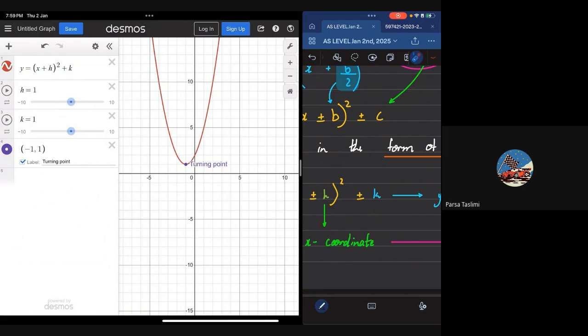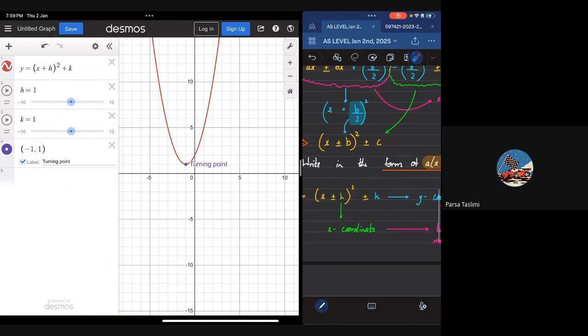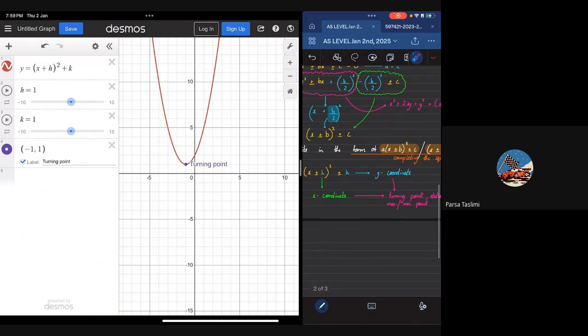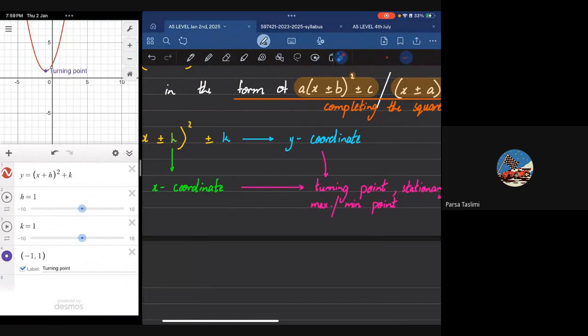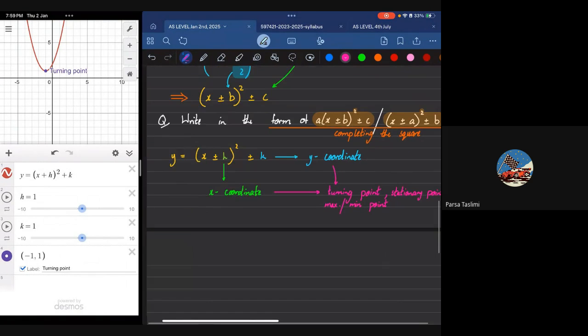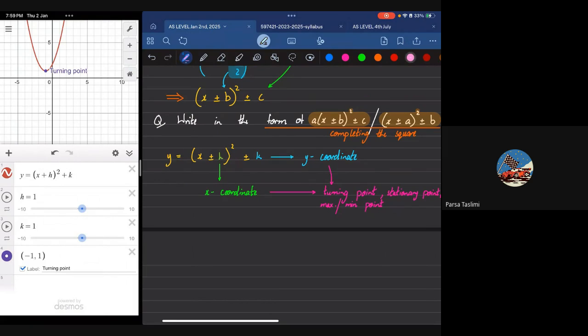So just as Parsa was telling us, your turning point is slightly twisted, in the sense that if you're trying to find your turning point using the completing the square method, you're going to have to write it down as this. If I want to write my turning point down, it is going to have to be written as negative H and K. So what does that mean?